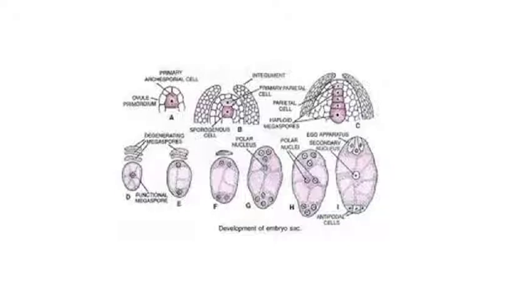Later on, this haploid megaspore undergoes first division and forms the two-celled stage. These two cells again undergo a second division and form the four-celled stage.